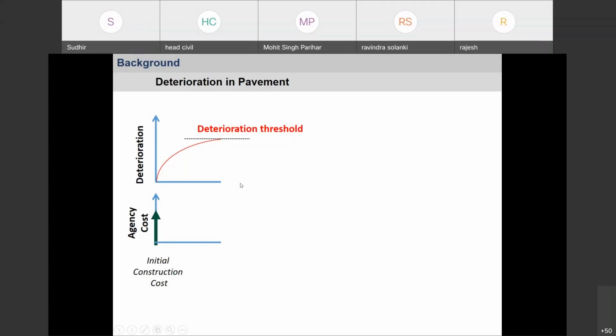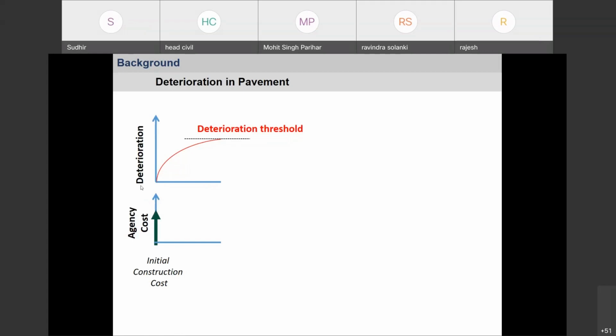But then as this deterioration of this road is going to happen, there is probably no further investment of capital from the transportation agency, but the road users who are using this road, especially the vehicle drivers or the owners of the vehicles, will experience increase in their fuel cost, right? And also increase in the maintenance cost of vehicle.